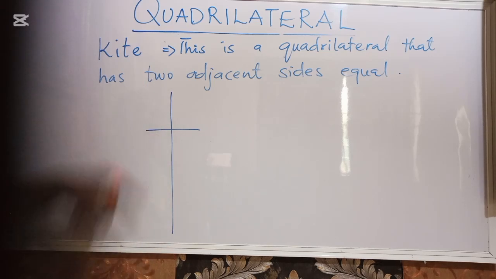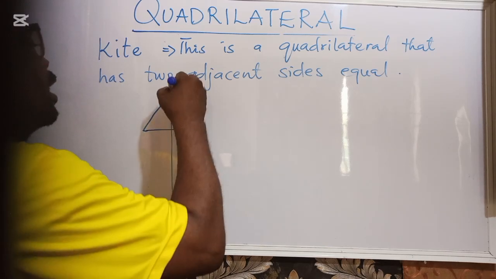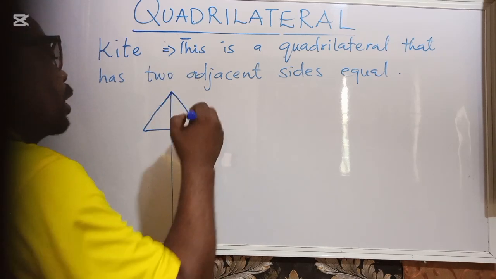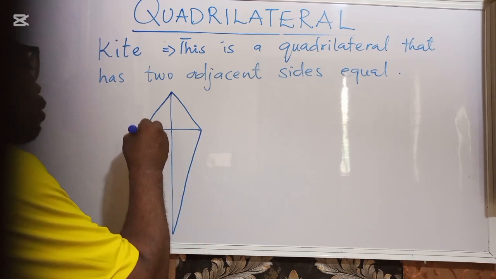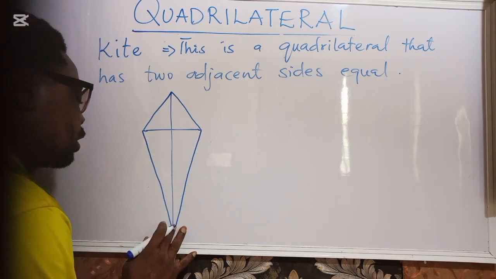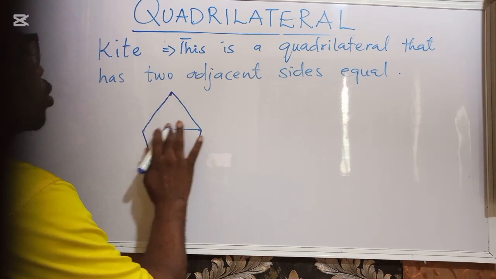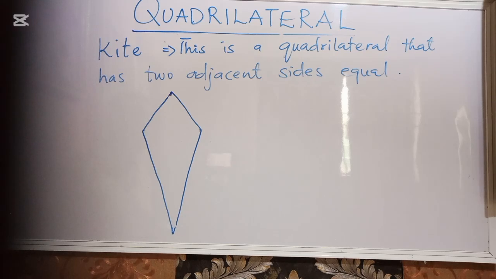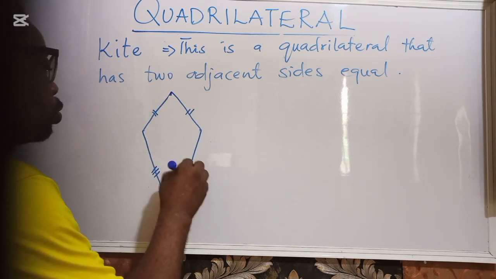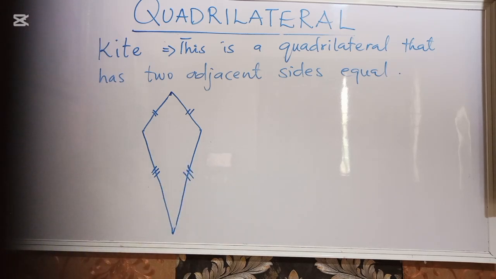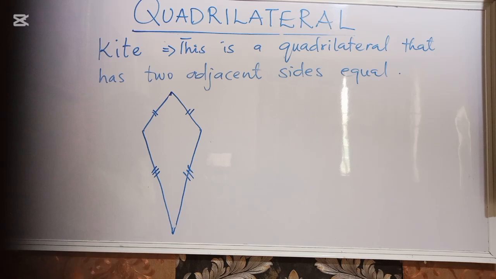He will connect this one and this one together, connect this one and this one together, then take it down to this place, and he will erase the initial cross that he has drawn, and this is the perfect kite. You can choose anyone you want to use to draw your kite. Just make sure you are drawing a perfect kite and you are putting the mark that will show that it is a kite.